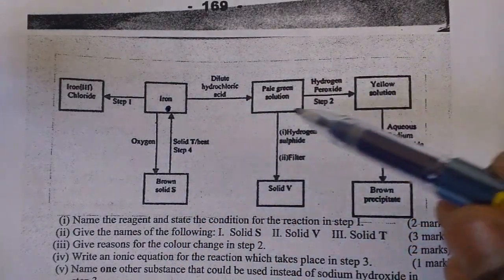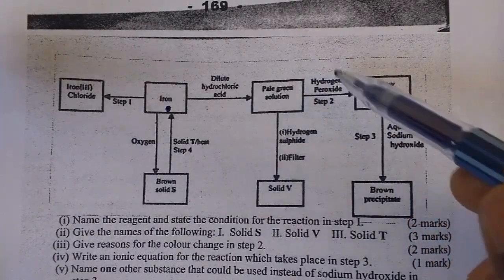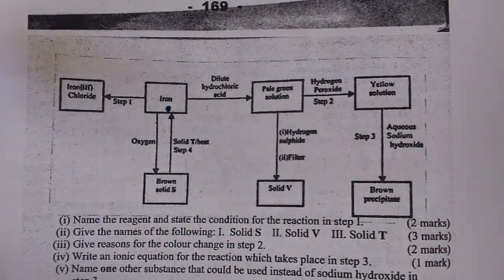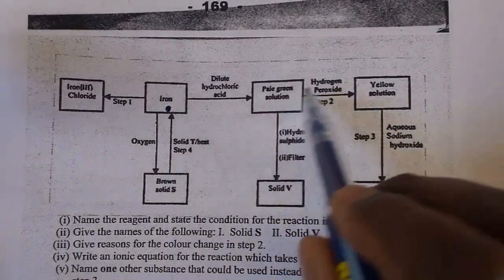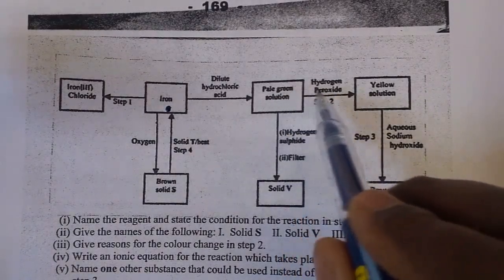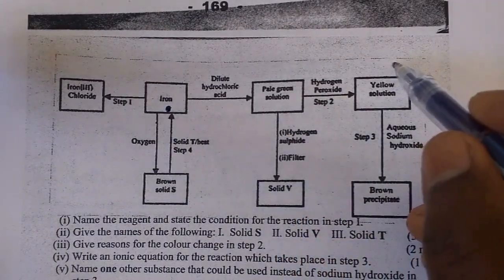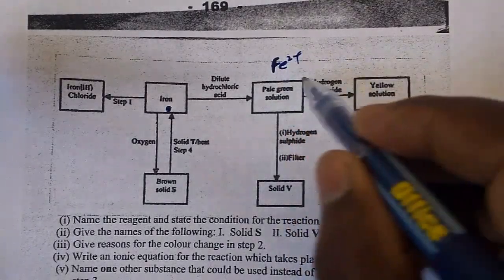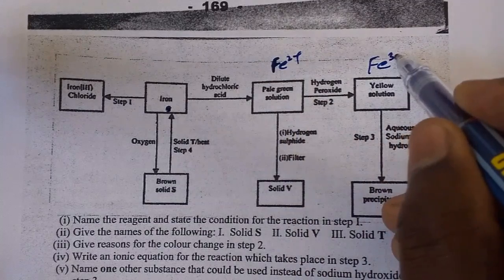So the green solution, which is iron 2, is added hydrogen peroxide. Hydrogen peroxide is an oxidizing agent. Therefore, we'll oxidize iron 2 to iron 3, and that's why it is forming this one. This is iron 2, which will be oxidized to iron 3. Very nice.